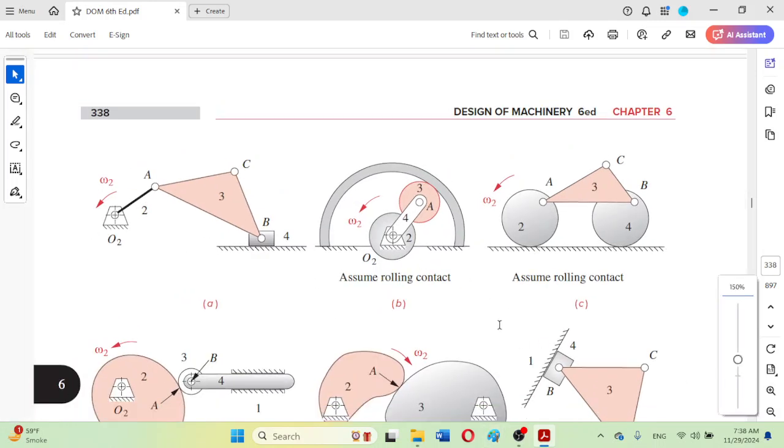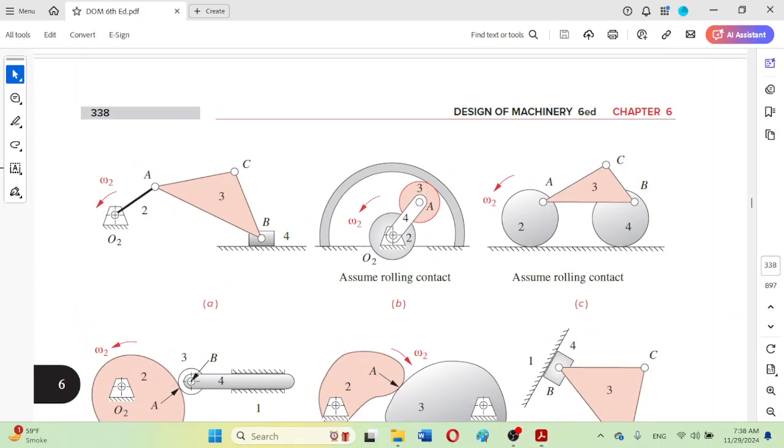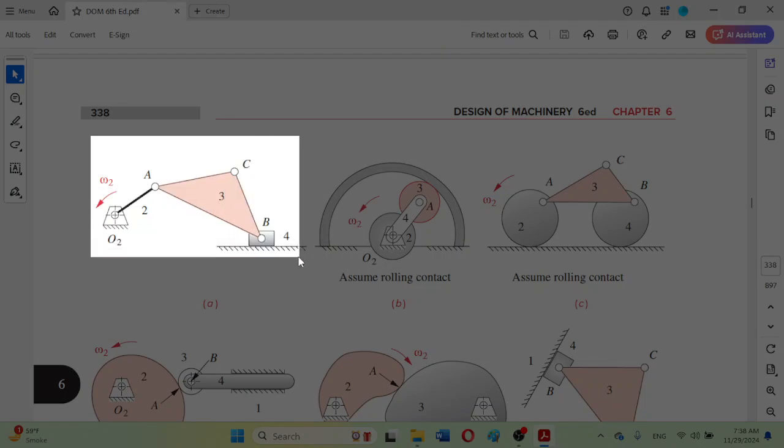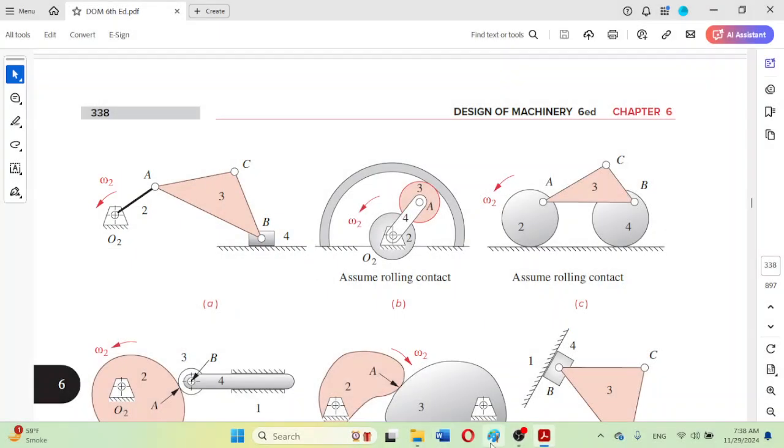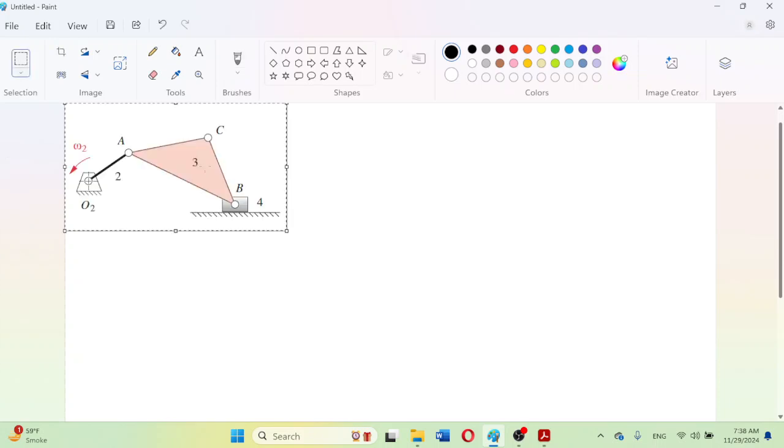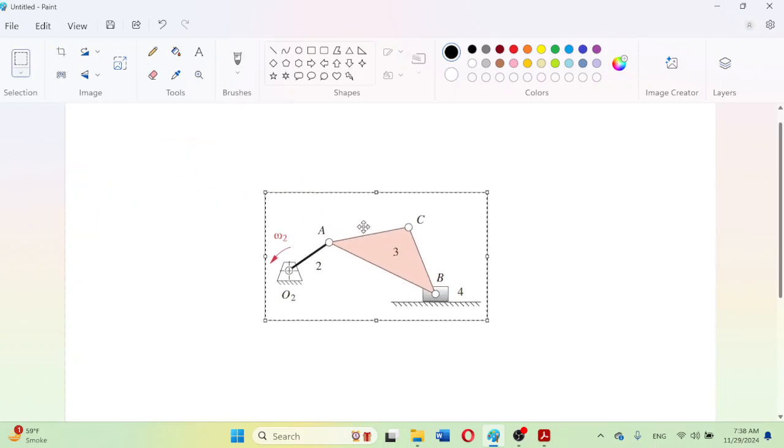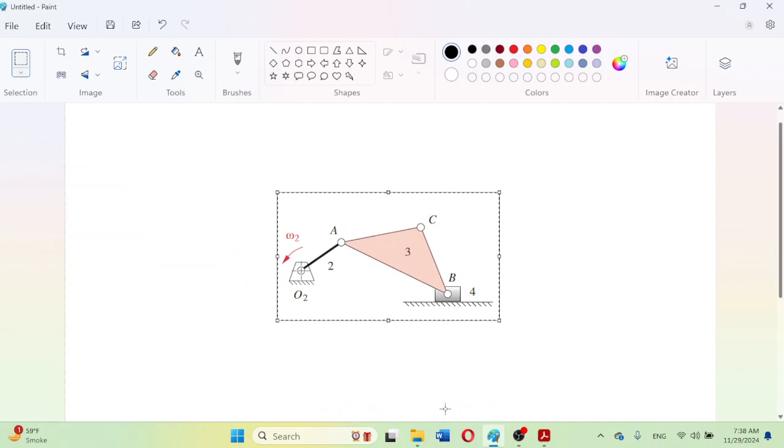So just take a screenshot of this diagram and paste it here in, for example, just Windows Paint. Here we are required to find the instant centers of this linkage.